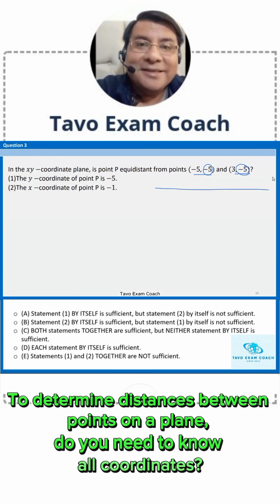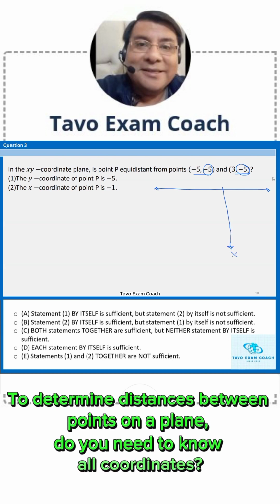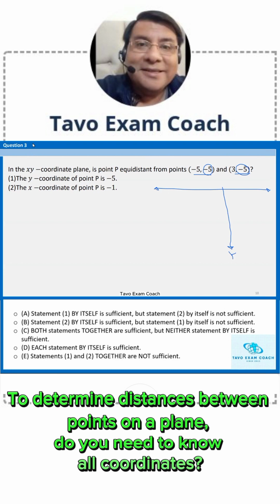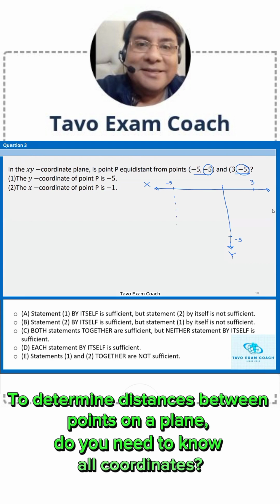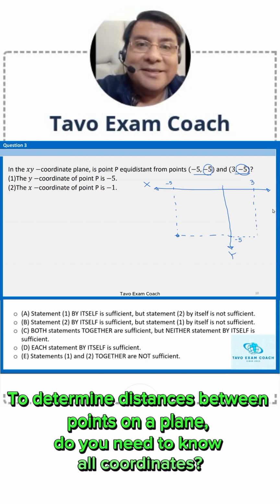We can notice this if we actually draw the approximate locations of the points in the question. If we draw part of the third and fourth quadrants of a plane, with -5 horizontally and vertically here and +3 here, then this is the approximate location of the first point, while this is the approximate location of the second point.